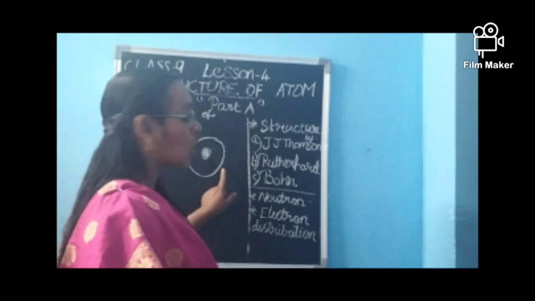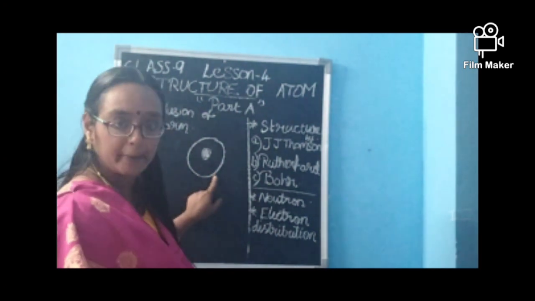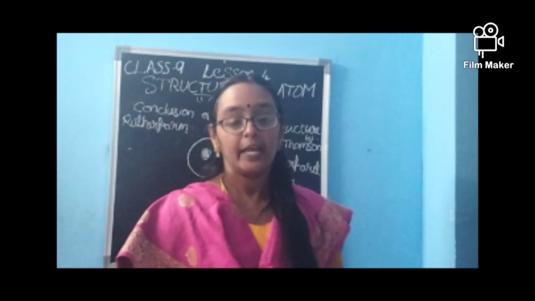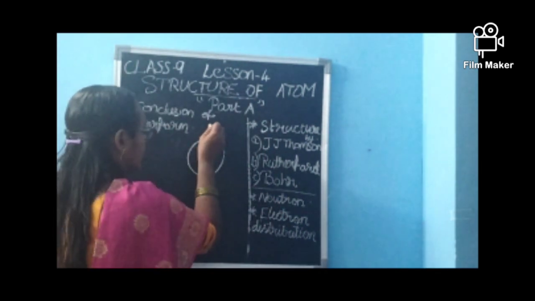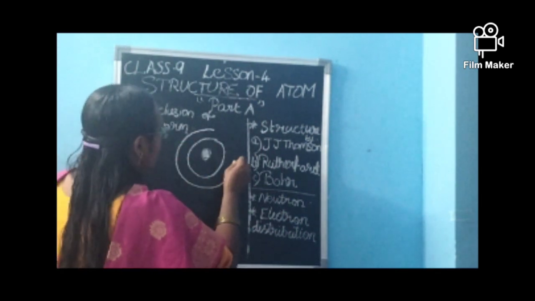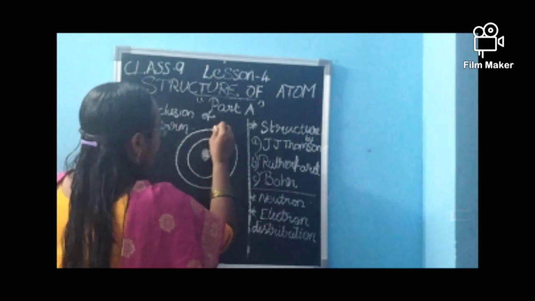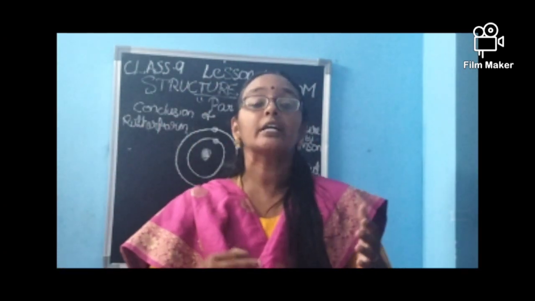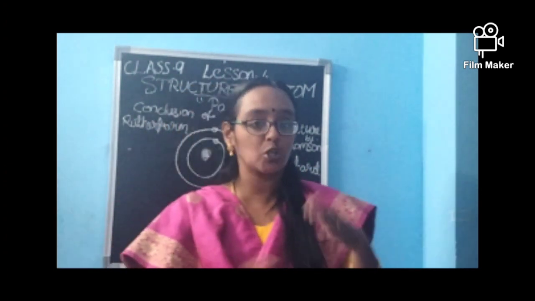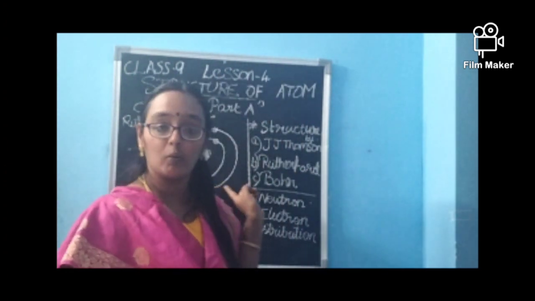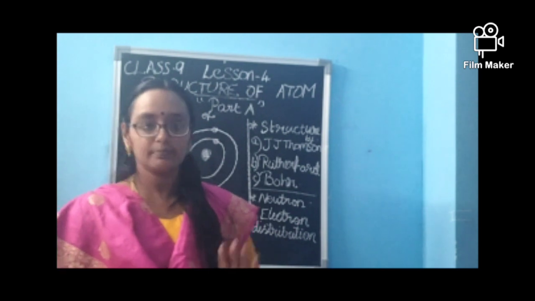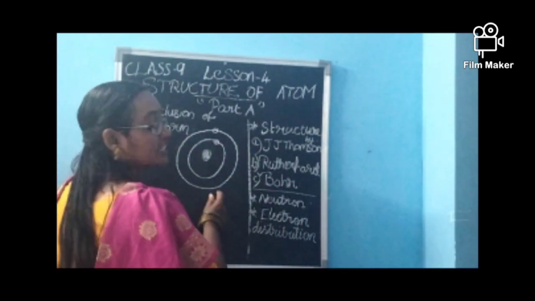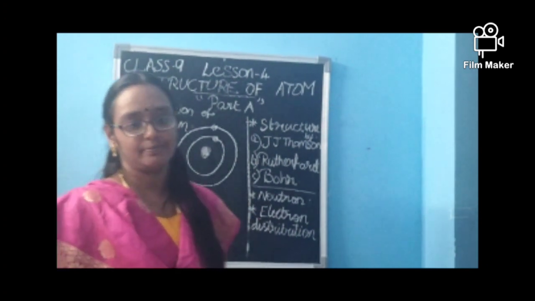Because this orbit, he calls it an orbit, and the orbits have particular energy levels. Electrons which are revolving in these orbits have their own energy, and they will not give up this energy at all as long as they are revolving in this orbit. So the thing is clear. And this is the structure of the atom.